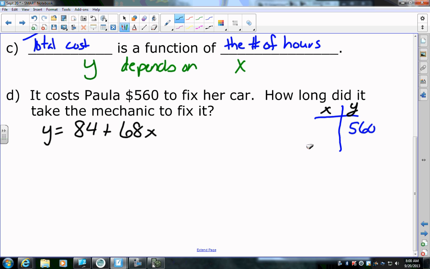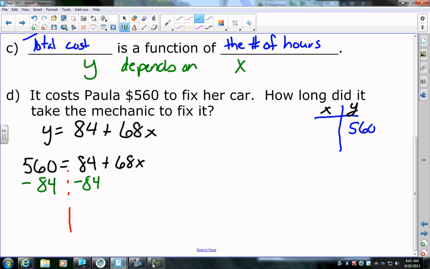To solve this by hand, you would take 560 and put it in here for Y. So 560 equals 84 plus 68x. So we can go and solve this by subtracting 84 from each side. Help me out here. What's 560 minus 84?